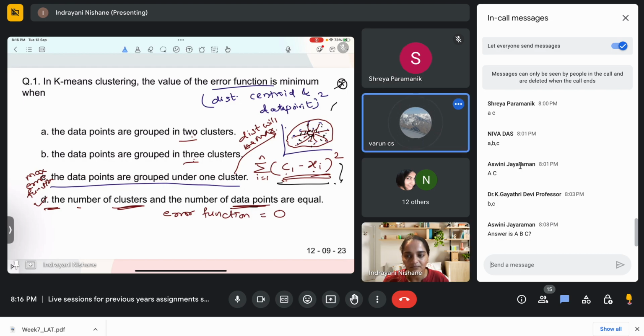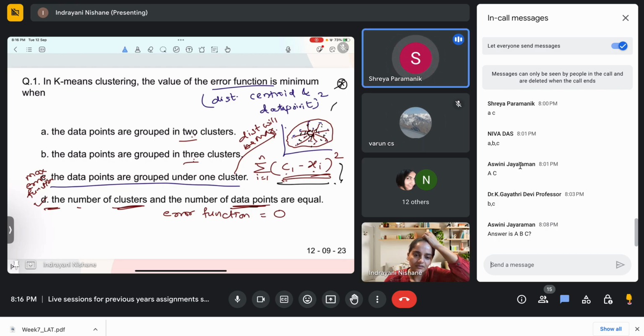Oh, yeah, thanks. Ma'am, in the same question, in k-means clustering, is there any maximum value of the error function? Yeah, that's what I was telling.